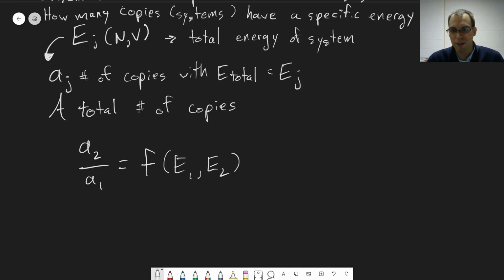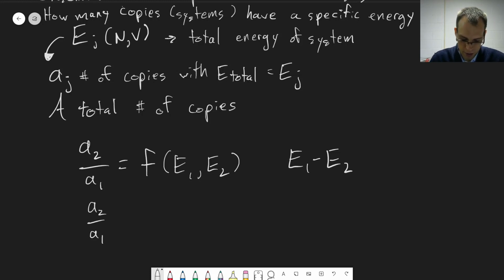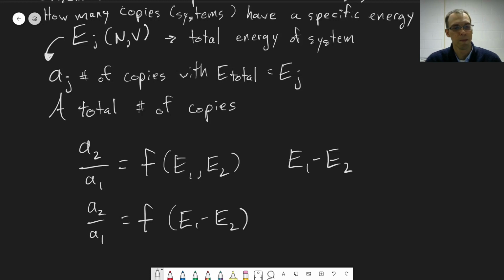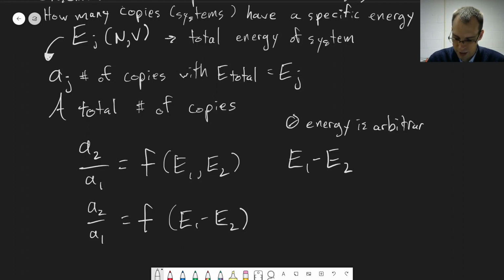But we do have to reference the energy somewhere, so it's an arbitrary 0 value. So what matters is not the absolute values of the energies, but really the difference in energies, E1 minus E2. So we can say this function depends, instead of on the energy directly, on the difference in the energies, because our 0 point is arbitrary. So 0 energy is arbitrary. It's really the difference in energy that matters, not the absolute value.